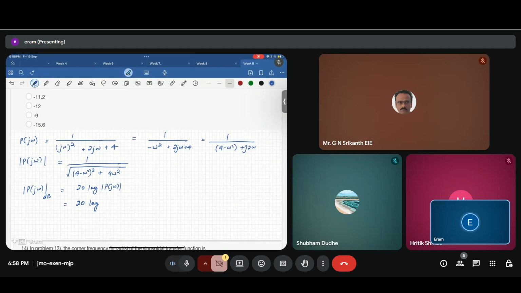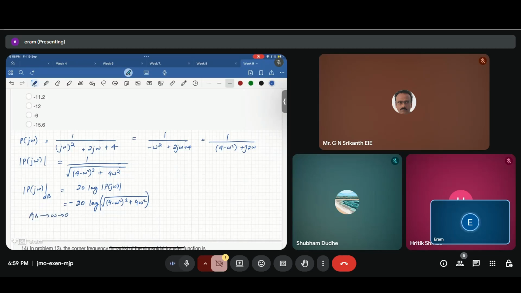So it will be minus 20 log of under root (4 minus omega square) square plus 4 omega square. Now put omega equals 0, as omega tends to 0.